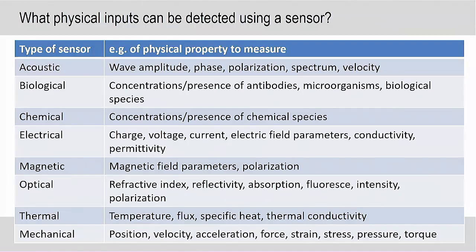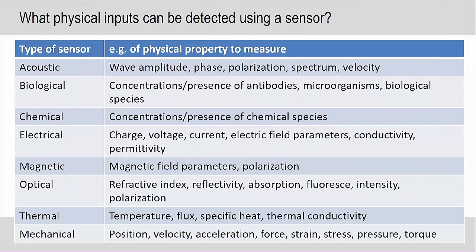Electrical is a fairly easier one to understand. So we've got charge, voltage, current, electric field parameters, conductivity, permittivity, impedance as well could be in there. Magnetic, so you could have magnetic field parameters and polarization. Optical is something that we didn't really think about a lot.